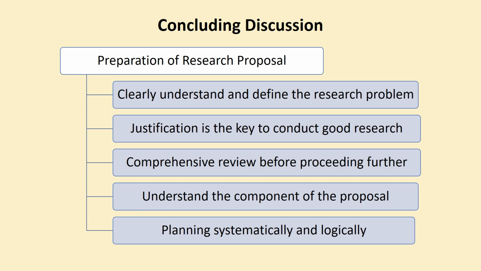Understand the components of a proposal. As I have discussed, as a researcher, it is not enough that you have some ideas and make a research proposal; it seems vague. You should have clarity about what actually the introduction is and what the rationale is, because there is a difference between the introduction and the rationale of the study.